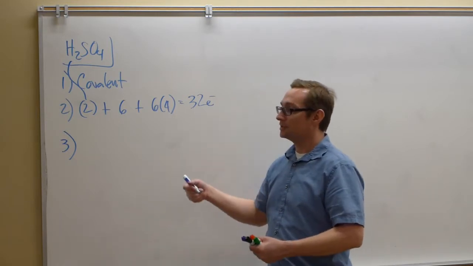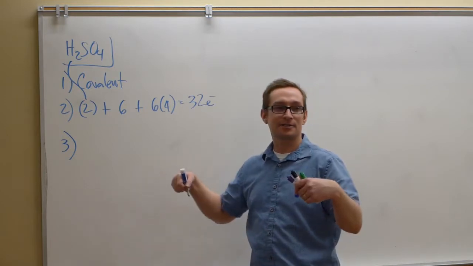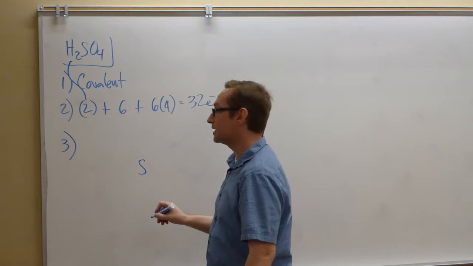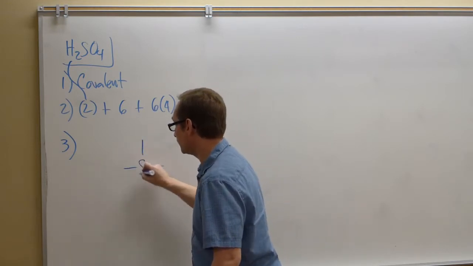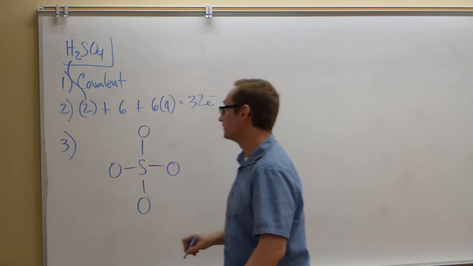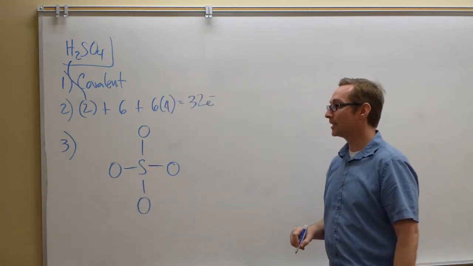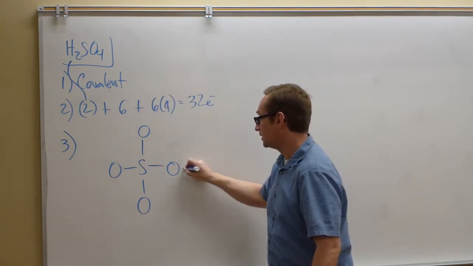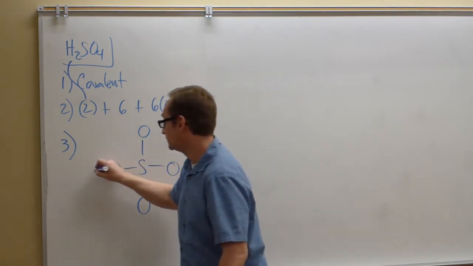But then the hydrogens, you start attaching them to the outer oxygens. So here's the framework for it. You've got sulfur in the center, and you have the 4 oxygens outer.